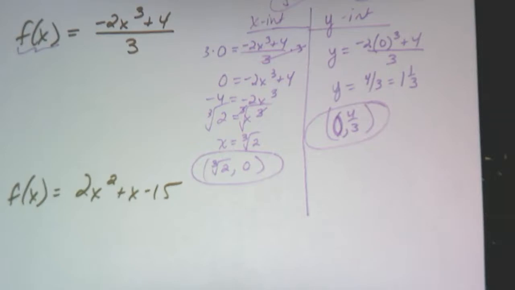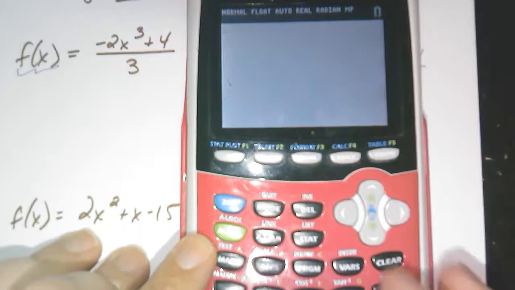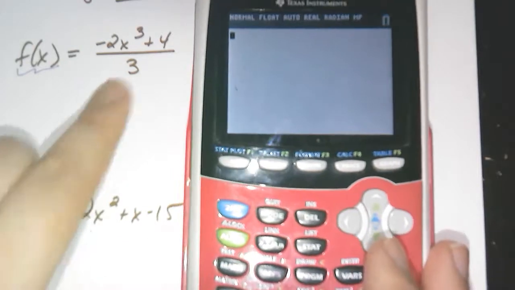Now, I do want you to get out your graphing calculator utility, because I just want to prove it to you, and I want you to put this into your y equals.